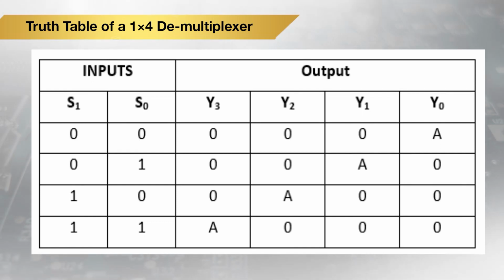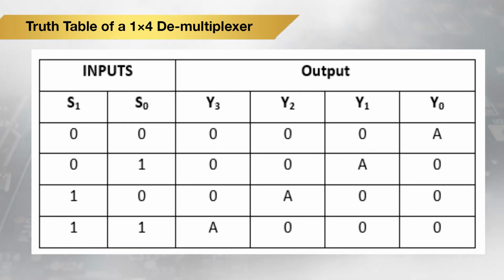Y1, Y2 and Y3. So, if our selection line has the combination 0, 0, then whichever value is present at the input A will be reflected at output Y0, and Y1, Y2 and Y3 will have logic low at the output.